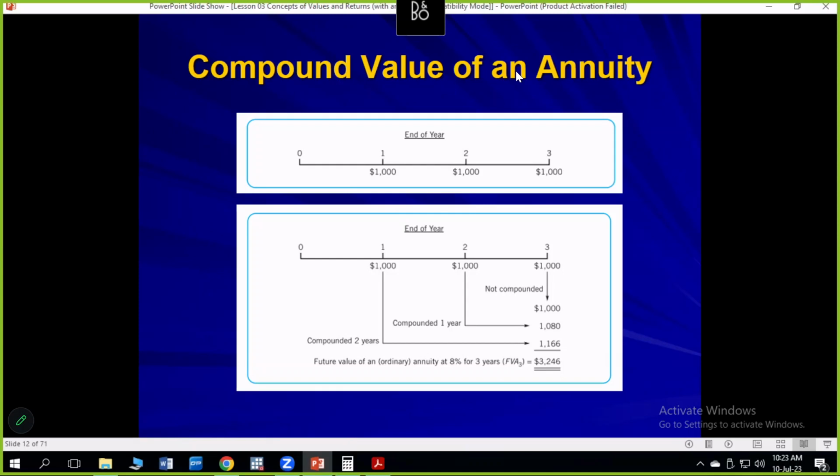For the amount deposited at the end of the year, it is compounded with a 2-year interest, the first year and second year. So it becomes 166 rupees.